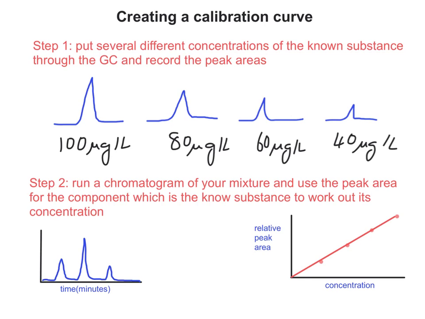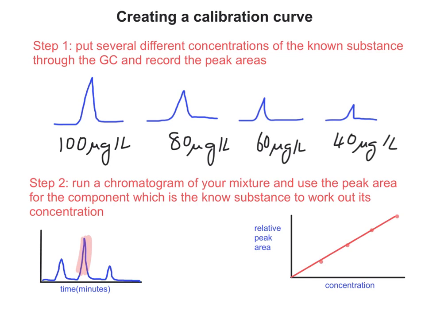So let's say we want to find out what the concentration of our component is, and we decide that our component represents this peak here. All we have to do is to look at the peak area on the calibration curve.